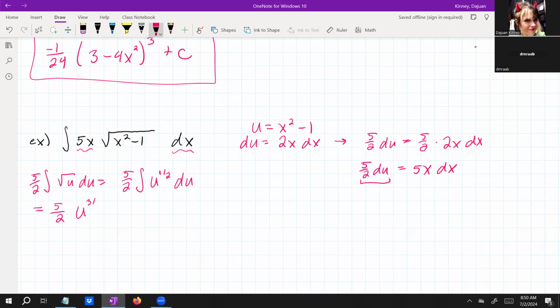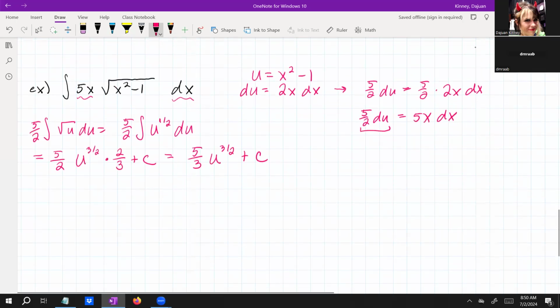U to the 3/2 times the reciprocal equals 5/3 u to the 3/2 plus my constant c. And now I can plug my u back in.